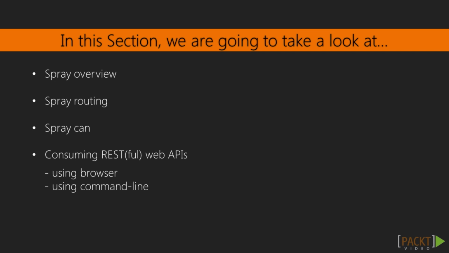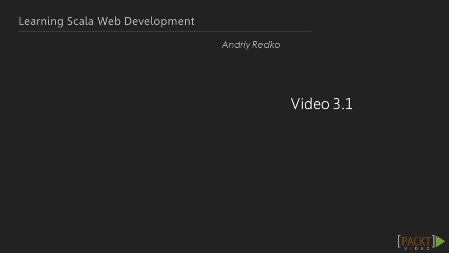Armed with this knowledge, we can start coding the skeleton of our book catalog RESTful web services. And what could be a better end of the section than consuming our freshly developed RESTful web services? We will gain insights on how to use browsers or command line tools as clients for the HTTP-based RESTful web APIs.